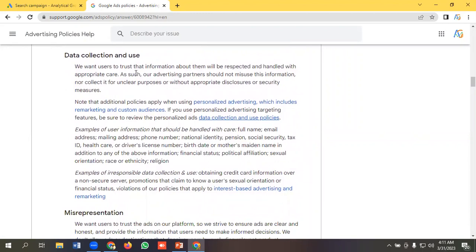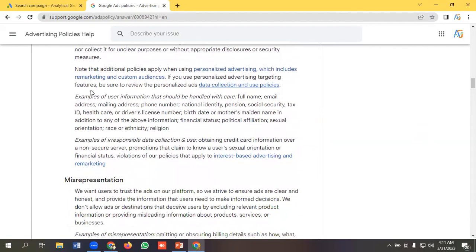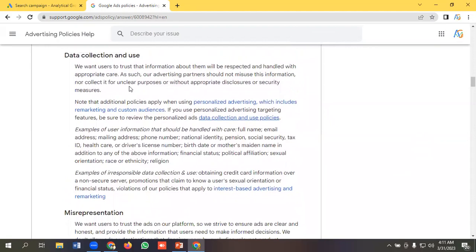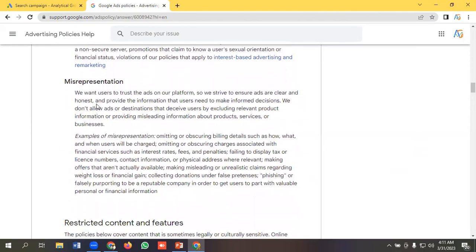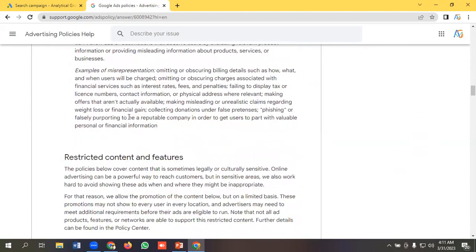We want users to trust that information about them will be respected and handled with appropriate care. As such, our advertising partners should not misuse this information nor collect it for unclear purposes or without appropriate disclosures or security measures. Okay. The third option is misrepresentation.